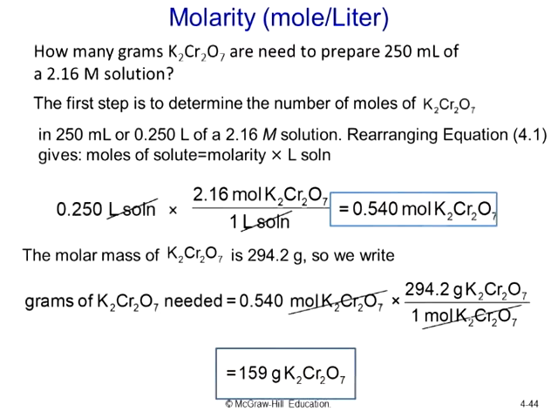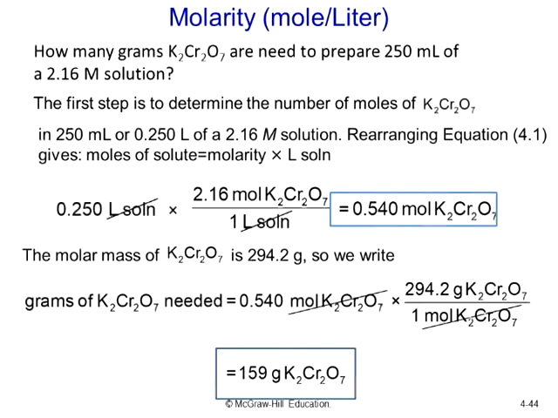Let's try another example. How many grams of potassium chromate are needed to prepare 250 mL of a 2.16 molar solution? By the way, potassium chromate is used as an oxidizing agent in many organic transformations. The first step is to determine the moles of potassium chromate in the 250 mL, or the equivalent in liters is 0.250 of this 2.16 molar solution.